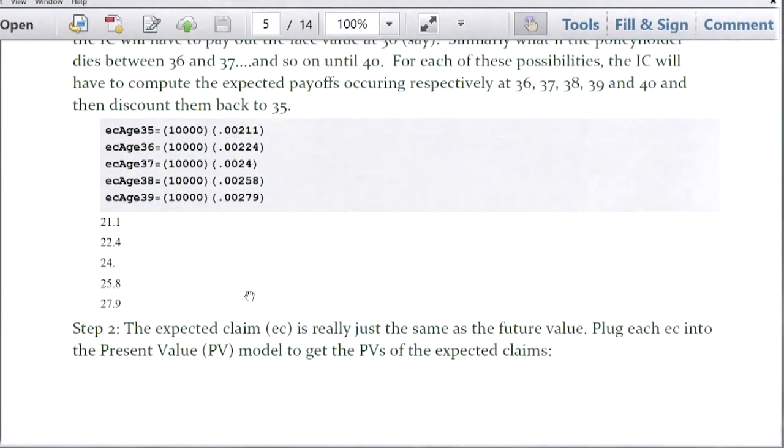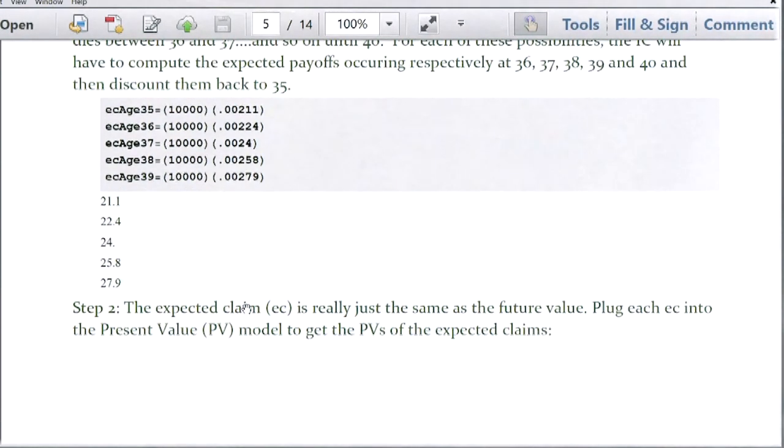Now, what we need to do in step 2 is to simply discount these sums that occur at times 36, 37, 38, 39, and 40, each of them back to the starting point, which in this case is age 35. Clearly this 21.1, which is the product of this first sum here, will have to be discounted 1 period. The second, 22.4, will have to be discounted back 2 periods from 37 to 35. The 24 has to be discounted 3 periods from 38 to 35, then 39 to 35, and finally 40 to 35, which is a 5-period discounting back.